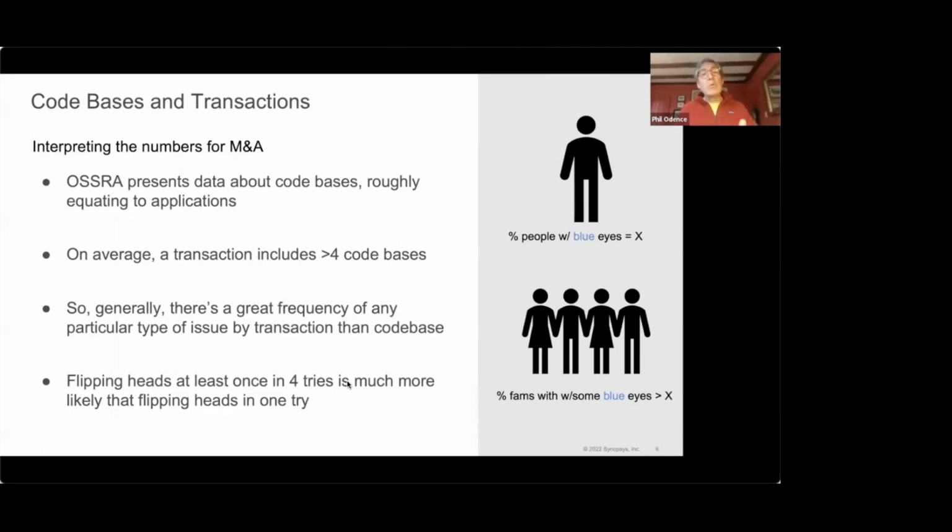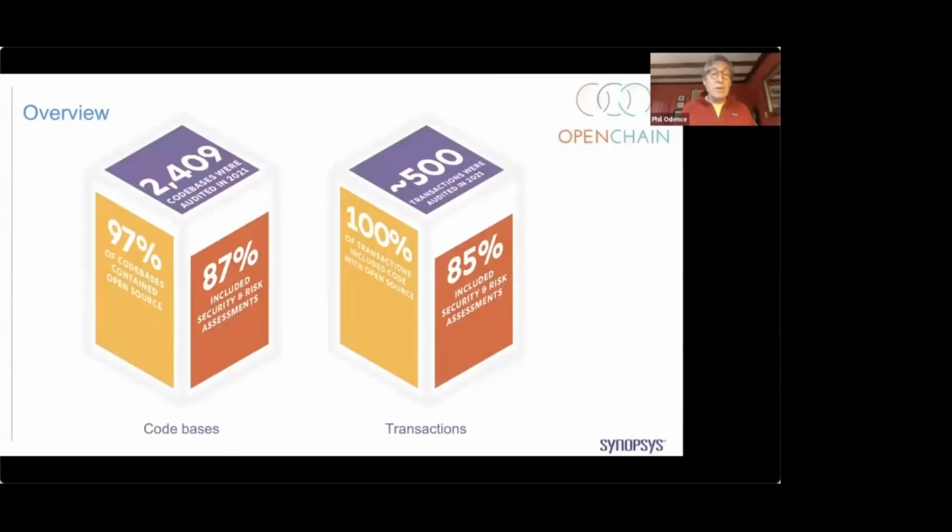But anyway, we will be talking per transaction as well as per code base, and that's just to translate between the numbers that you see in the report and what they would mean in terms of implications for M&A transactions. Okay, so into the numbers, with a bit of wind up there.